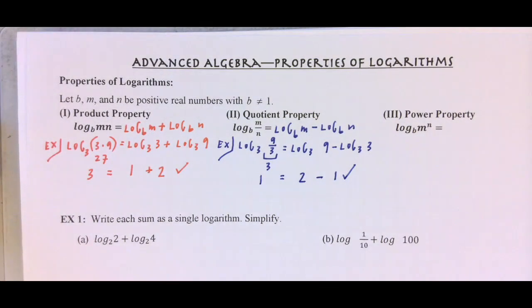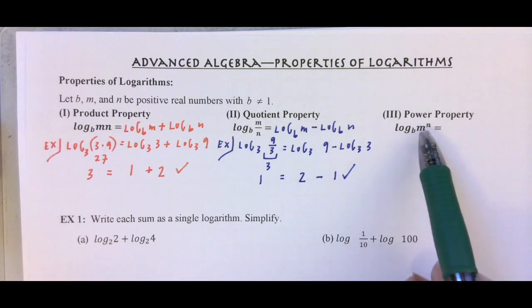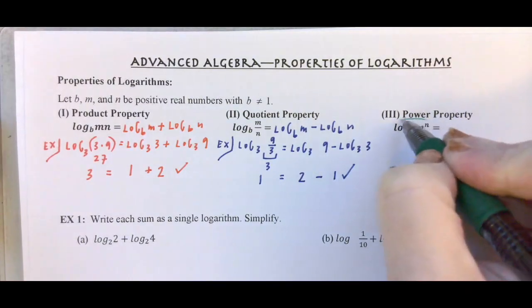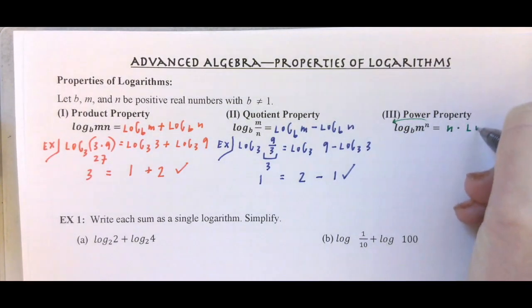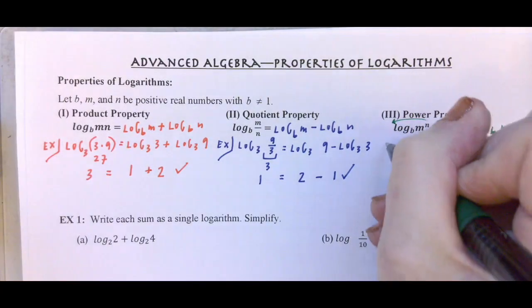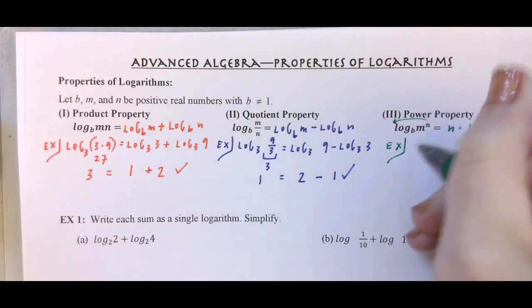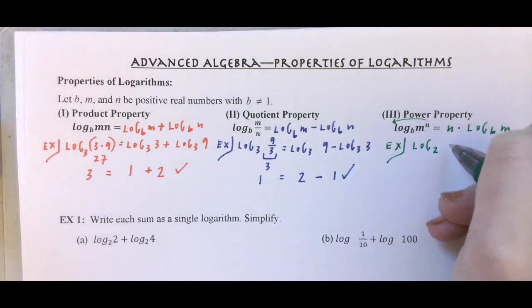Okay, lastly is the power property. If I have log base b of m to the n power, that exponent can pull out in front, and I can write it as n times log base b of m. Another little mini example here. Let's say that I had log base 2 of 8 squared.